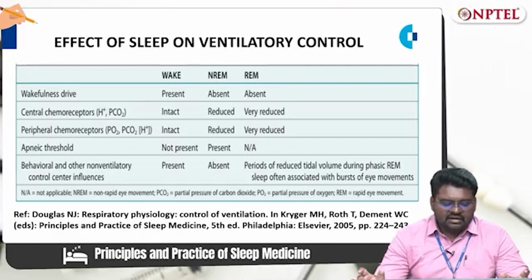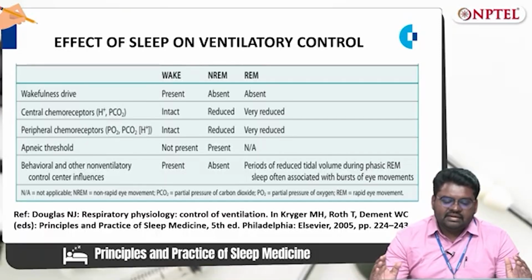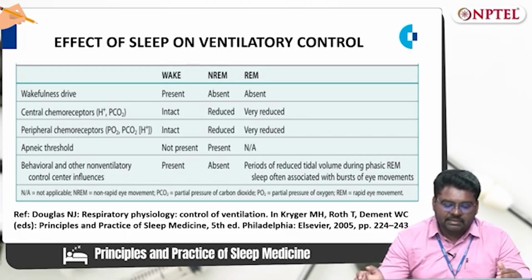This is a table I have taken from a book, Principles and Practice of Sleep Medicine. The author is Douglas. So it demonstrates what happens to sleep when the patient is awake, when the patient is in NREM sleep, and what happens in REM sleep.